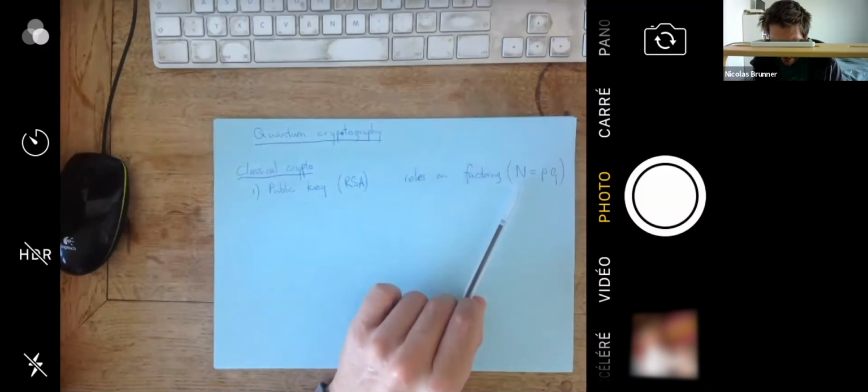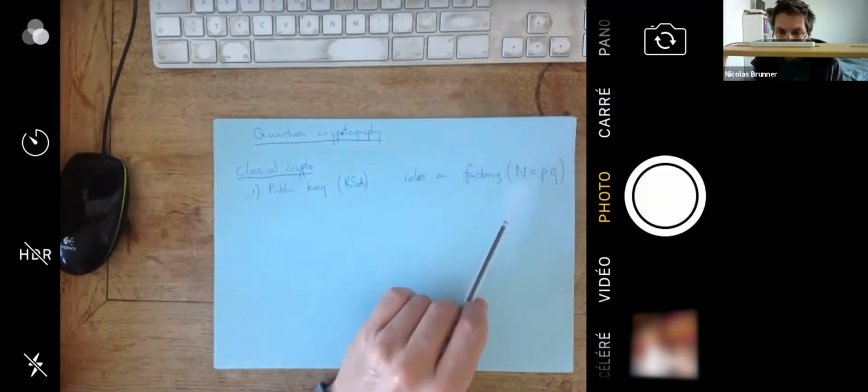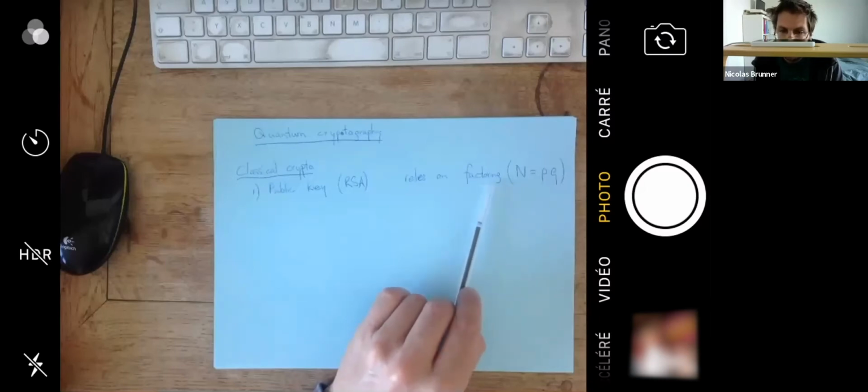However, if you had access to a quantum computer, factoring becomes efficiently solvable, right? There is something called Shor's algorithm that can solve this problem of factoring efficiently, that means in polynomial time with respect to the size of this number.